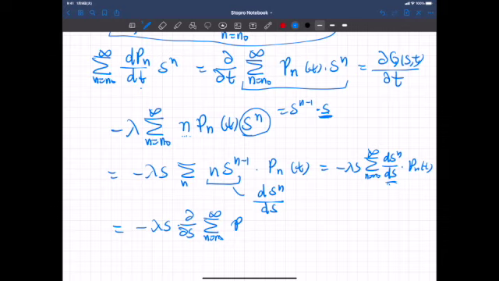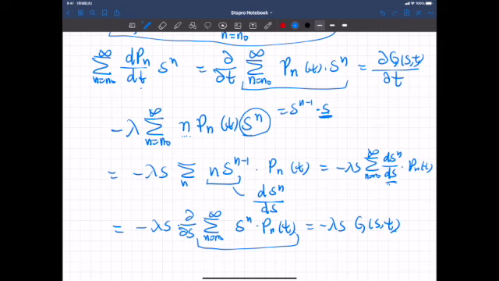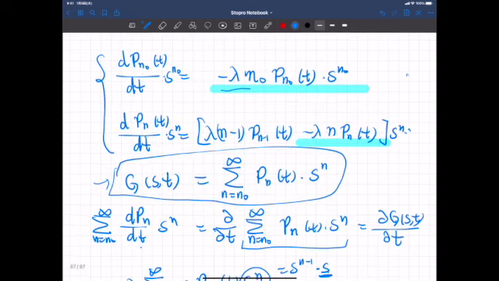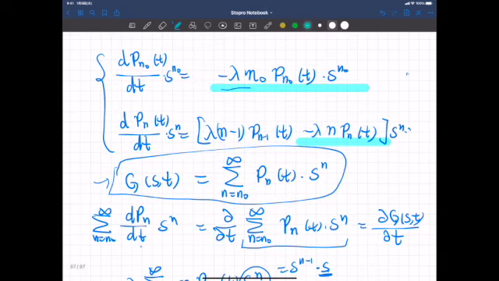And that is s to the power of n and Pn of t. Now this is the PGF. Okay, and then the remaining part is this part.